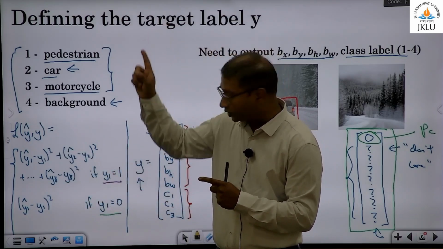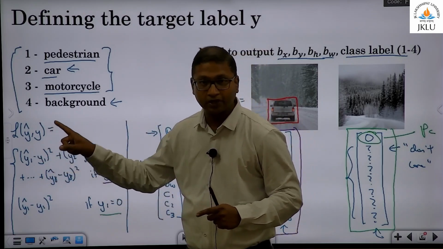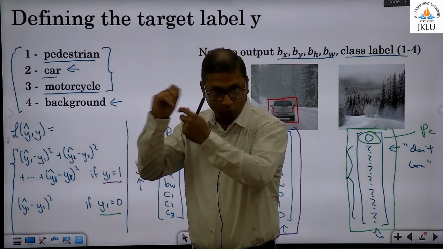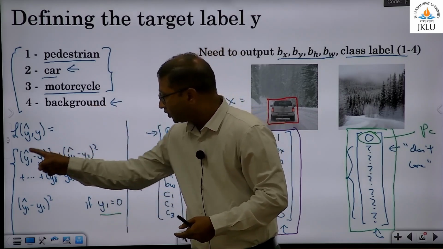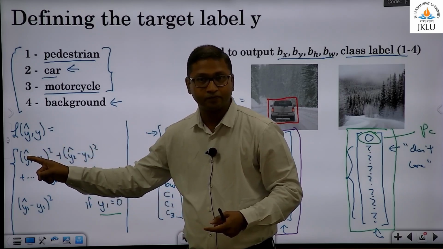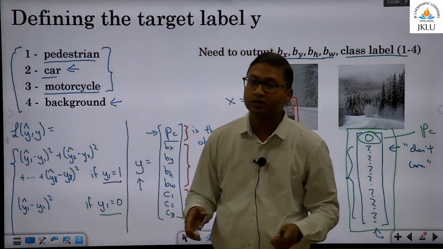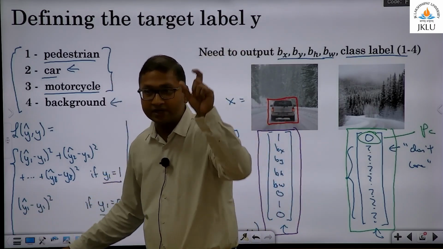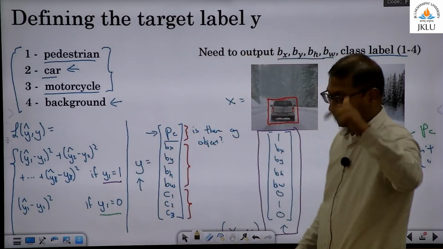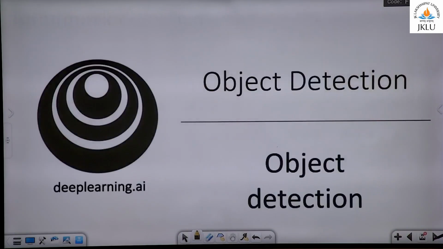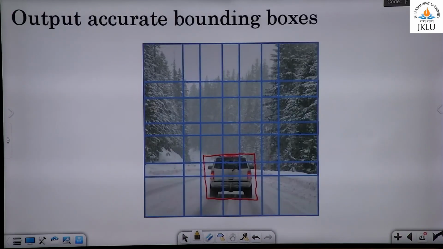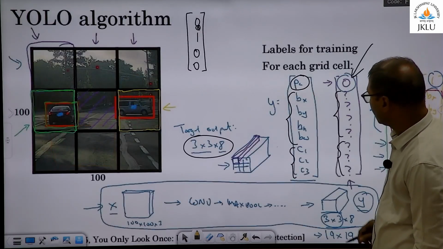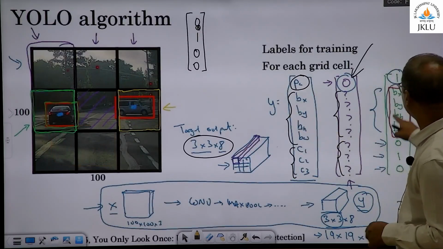When PC is equal to 1, you take everything into account. When PC is 0, you don't take the rest of the things into account except that first value, okay. All right. So is this fine with everyone now?